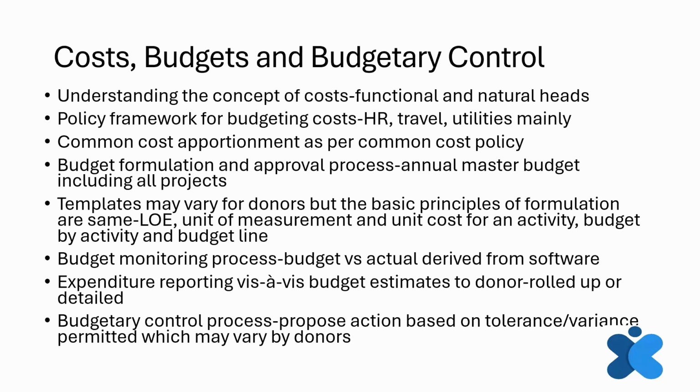So the budgetary control process is the outcome of the monitoring process, but it is slightly different. Monitoring throws up the variance, and the budgetary control happens in terms of action that you will take based on the variance that has been thrown up in the budget monitoring exercise. Okay. And what does the budgetary control lead to? The variance that has been thrown up has to be evaluated in terms of action that you will take for the project versus the donor.